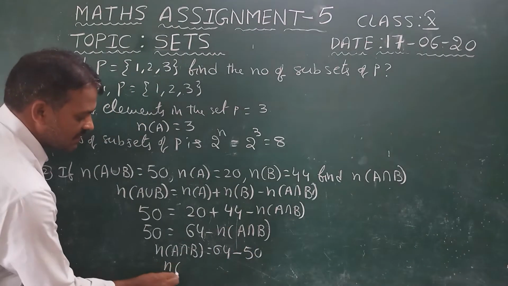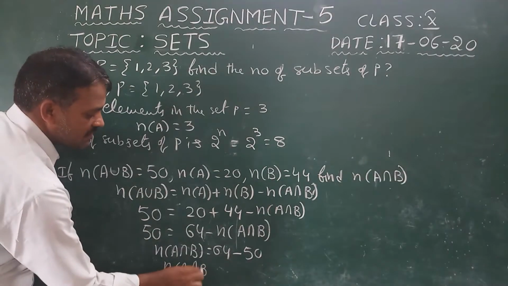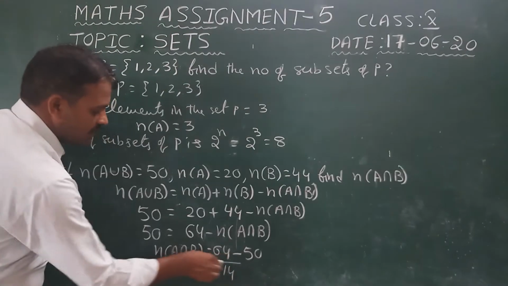So the final result is n of A intersection B is equal to 14.